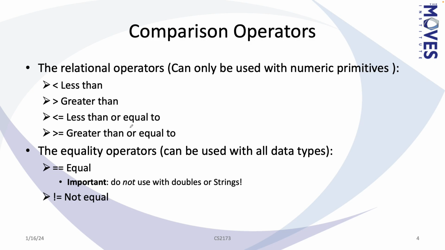And then equality operators, which can be used with pretty much all data types, but with caution. The double equal says they are literally the same, and then the bang equal, or exclamation equal, is not equal. All of those are what are used in that Boolean expression.